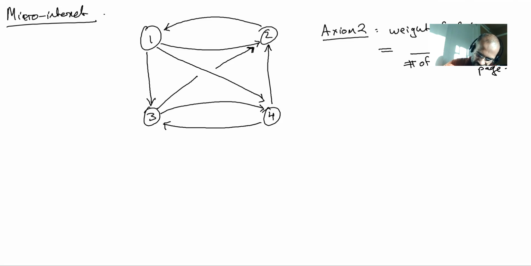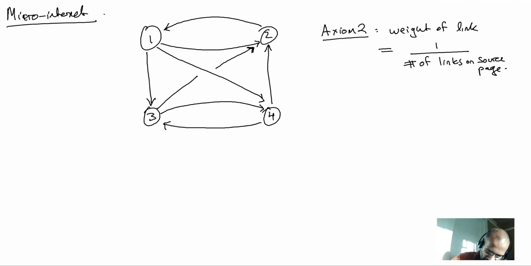So I'm going to label these links by the number of links on the source. Let's look at all the arrows coming out of the first web page. There are 3 of them, 1, 2, 3, and they're all going to be labeled 1/3. The second one has just 1 link, so it gets a weight of 1.